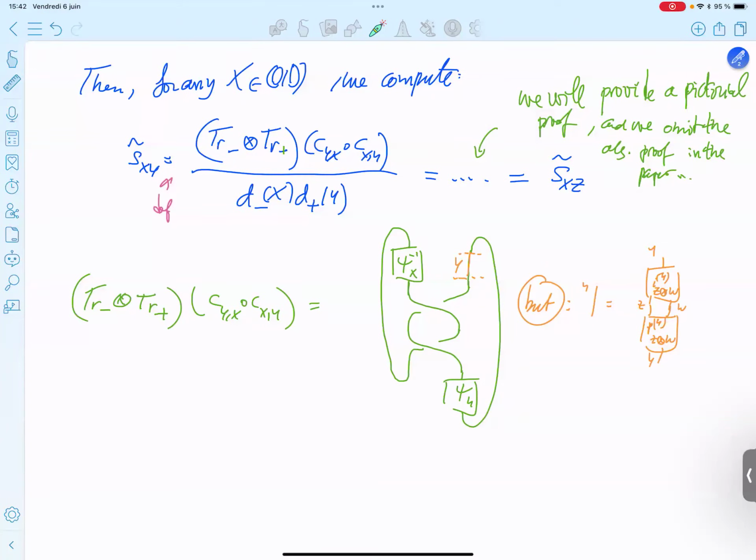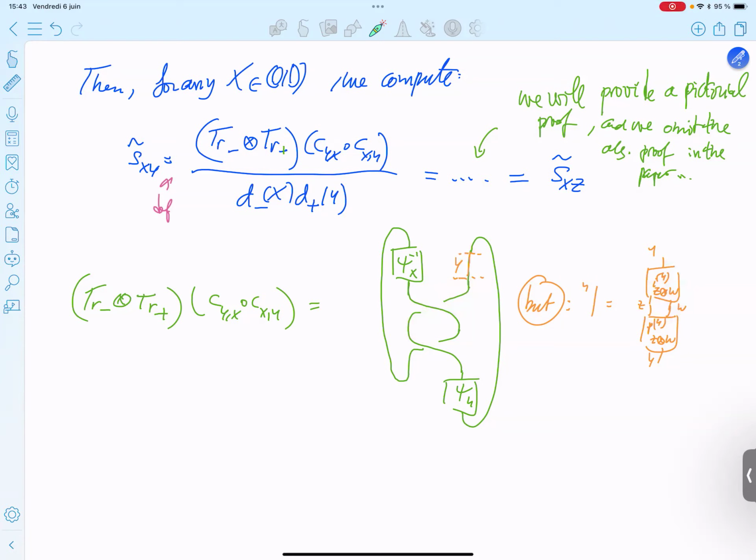And so then you will have something in between. So when you put this above and this in the bottom, in between you will have a tensor product. So you will have a double string like that.